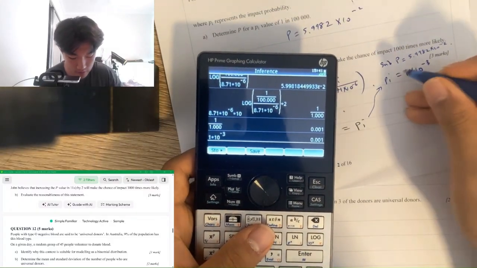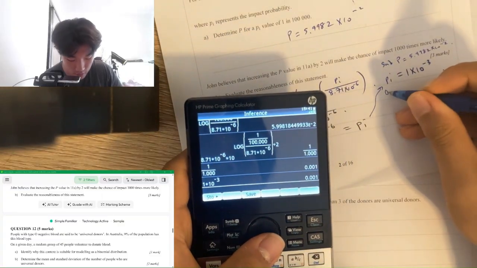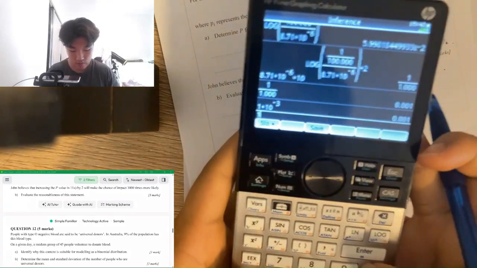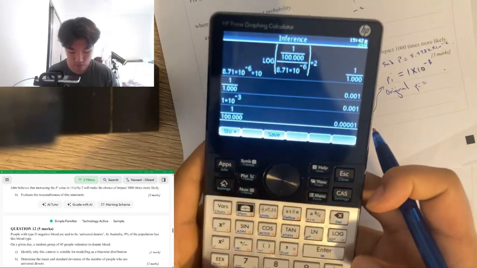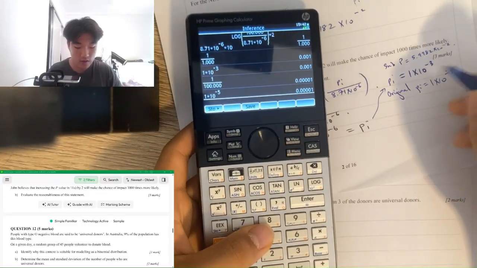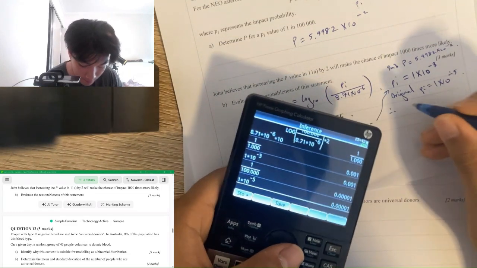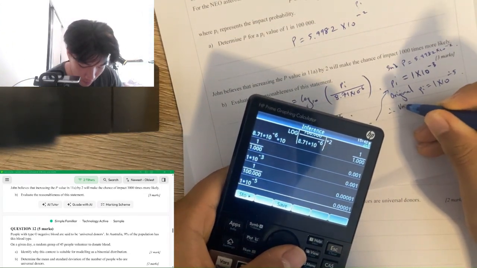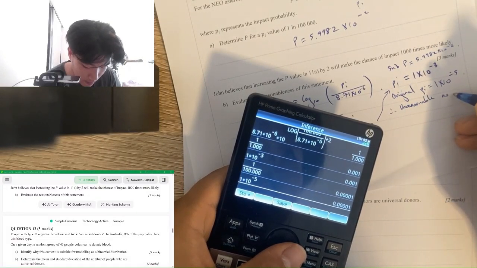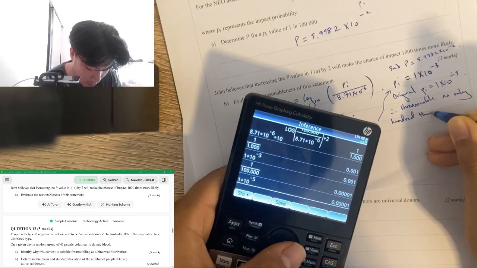So that means the original pi equals, what's that? I'm pretty sure it's 1 times 10 to the negative 5. Yeah, it is. The difference between that means it's only 100 times more likely. Therefore, not reasonable, so unreasonable, as only 100 times.